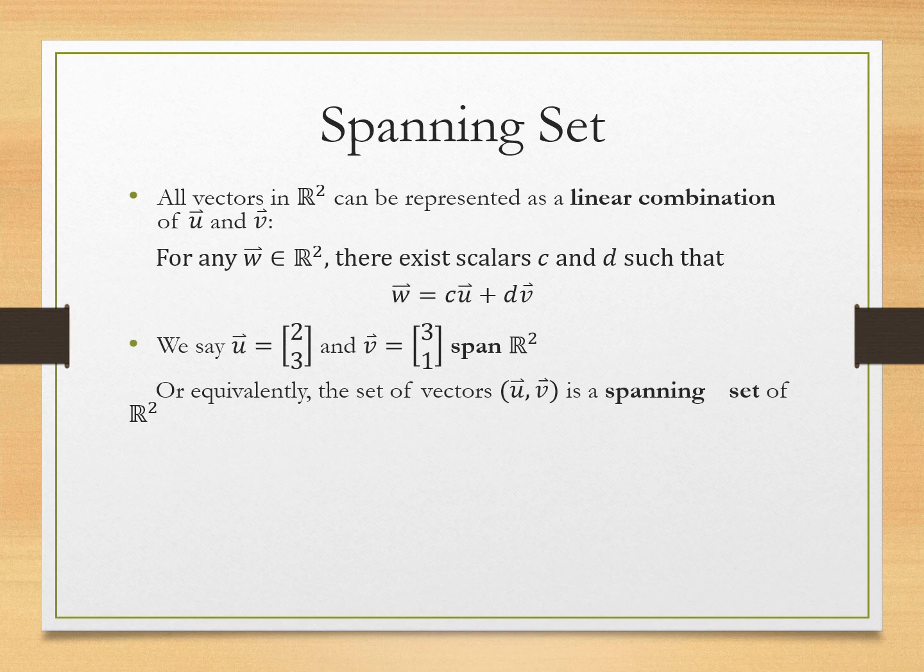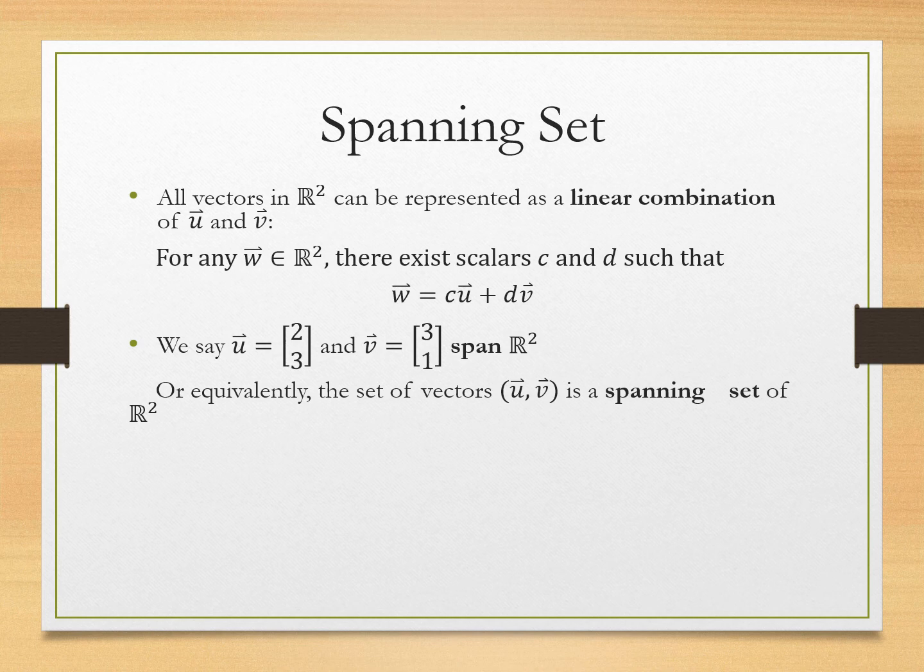The terminology we use when this happens is we say the two vectors u and v span the two-dimensional real number space. U and V span R squared. Equivalently, you can also say the set of vectors {u, v} is the spanning set of the two-dimensional real number space.